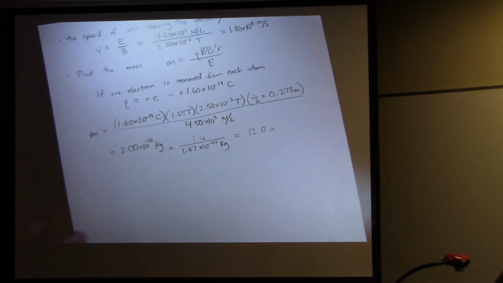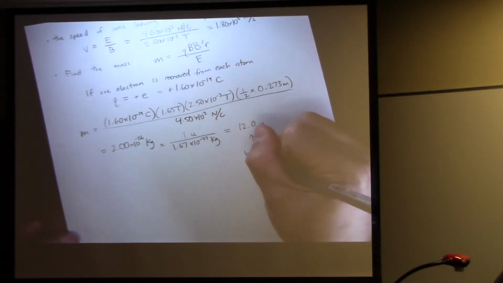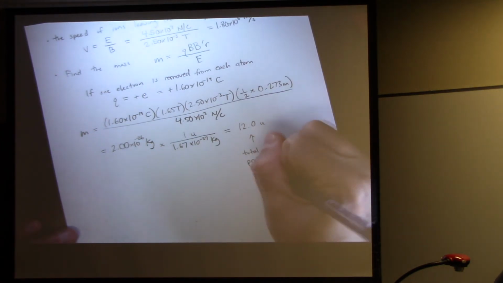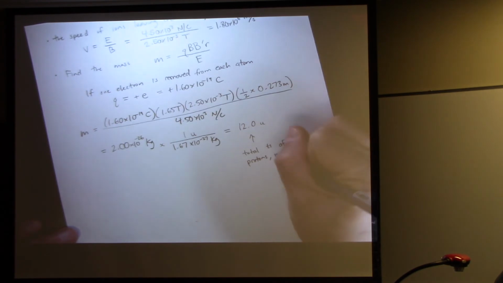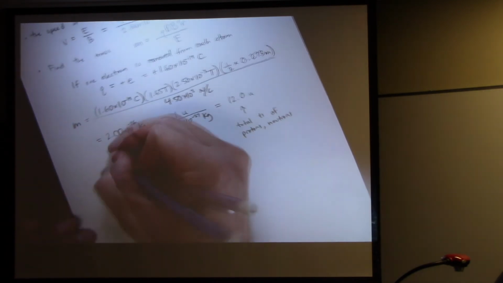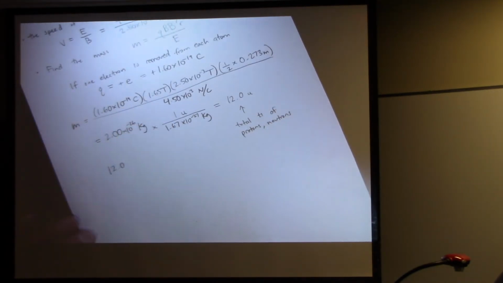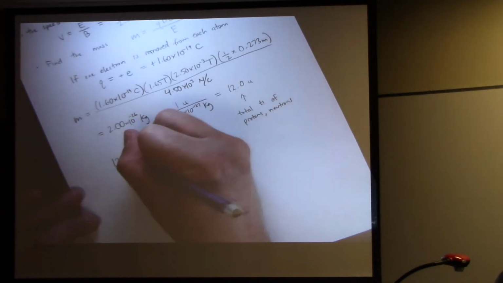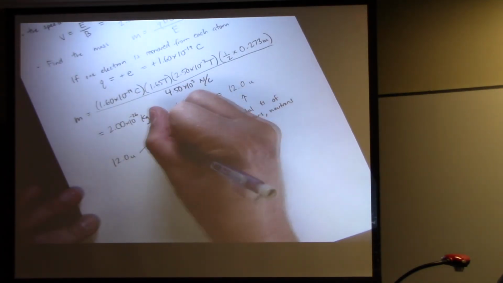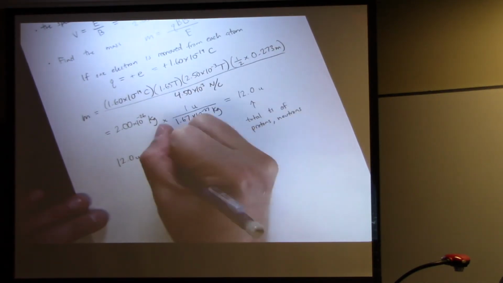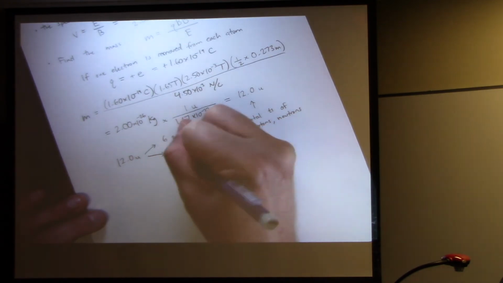And that's telling you that the total number of protons and neutrons is about 12. So we can actually say with pretty good confidence what kind of atom this might be. What if 6 of those are protons and then 6 are neutrons?